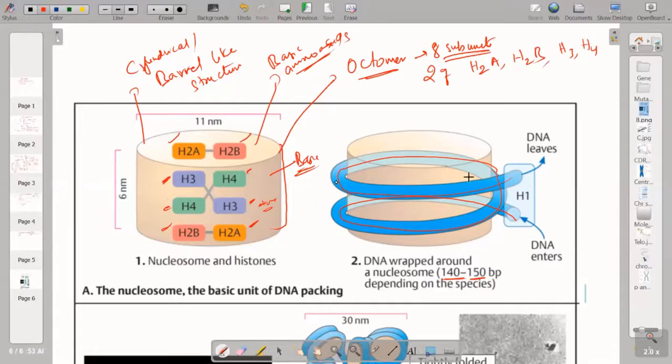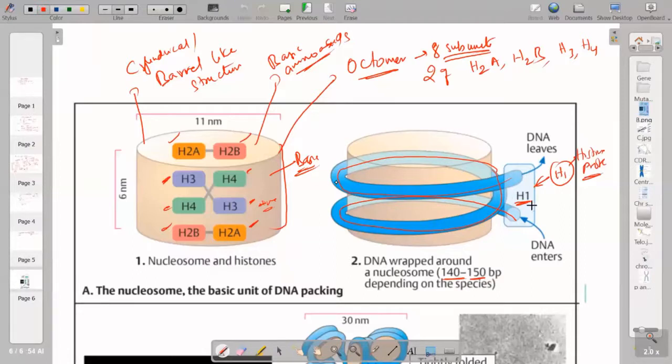Second thing, in order to ensure that the wrapped DNA is not leaving the histone proteins, you have another protein called H1, which is also a histone protein. This histone protein will act as a clamp.